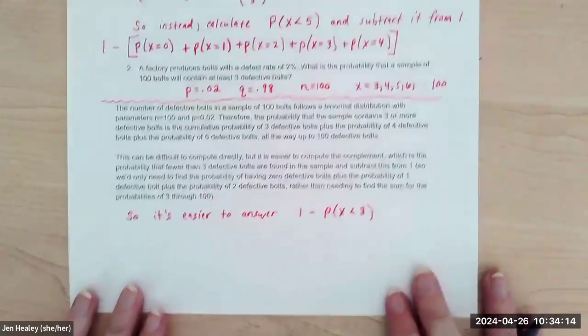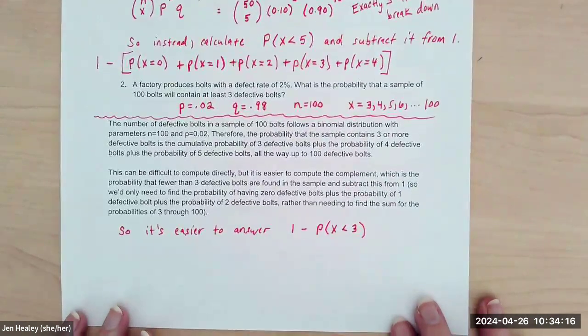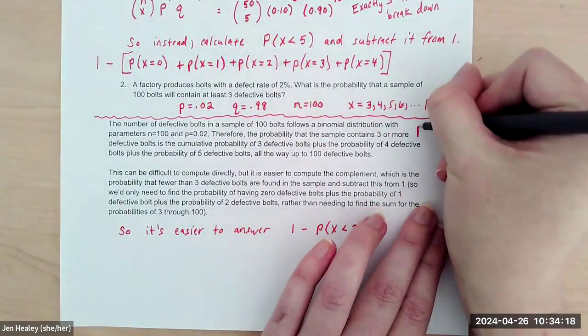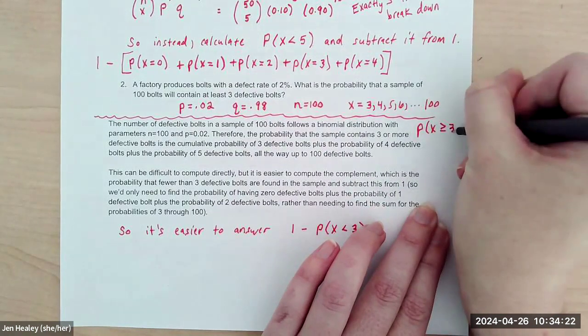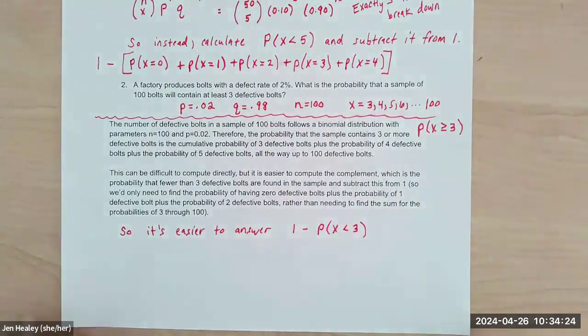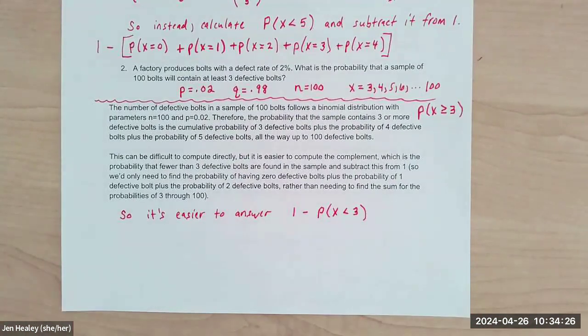So the question actually wants you to find the probability that X is greater than or equal to 3. That's the actual question. It's going to be easier for us to answer 1 minus the probability that X is less than 3.